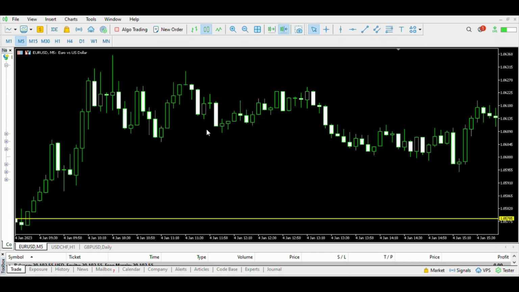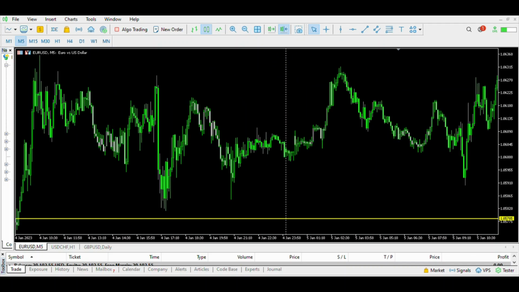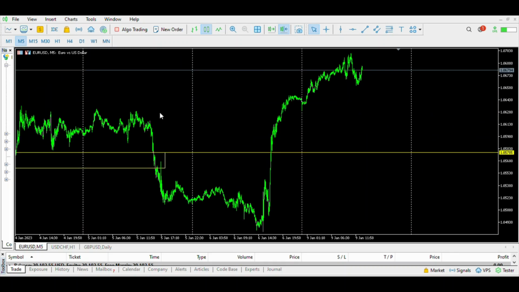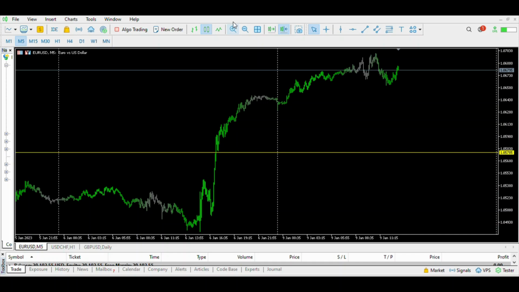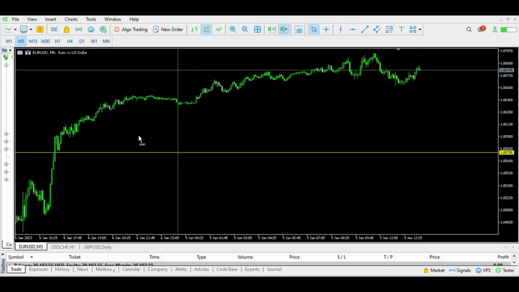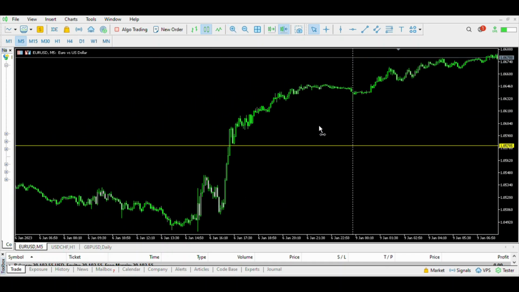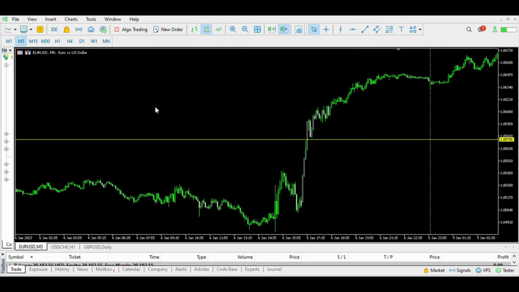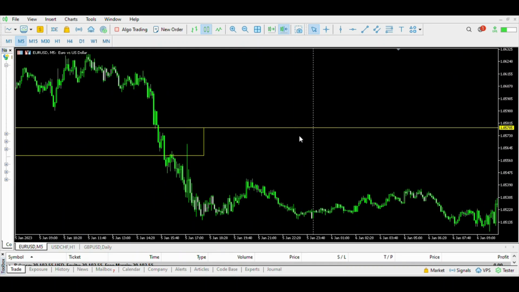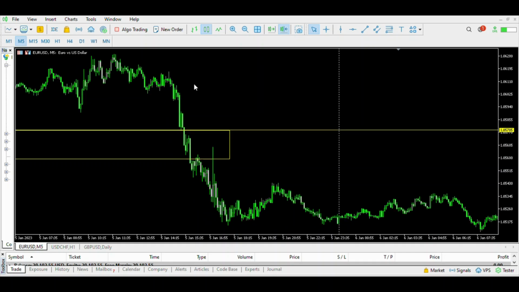Let's just zoom out, easier if we do that. Okay, so it's January the 6th we're looking for. That's when price reaches our demand zone. Nope, not January the 6th either. There it goes, January the 5th.